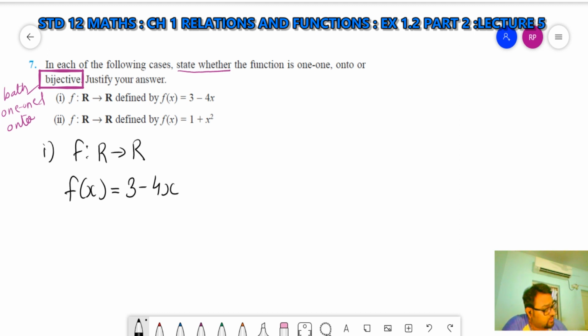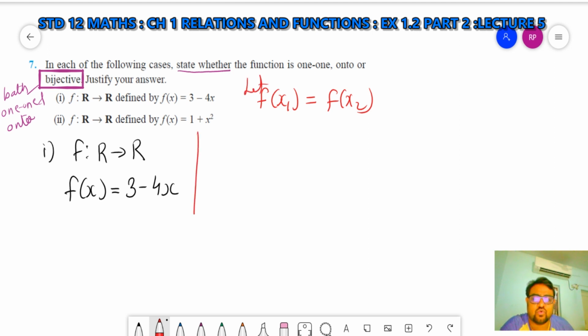So what was our step to prove 1-1? Take x1, x2, and let f(x1) equal f(x2). So what does that imply? 3 minus 4x1 equals 3 minus 4x2. The 3s get cancelled.